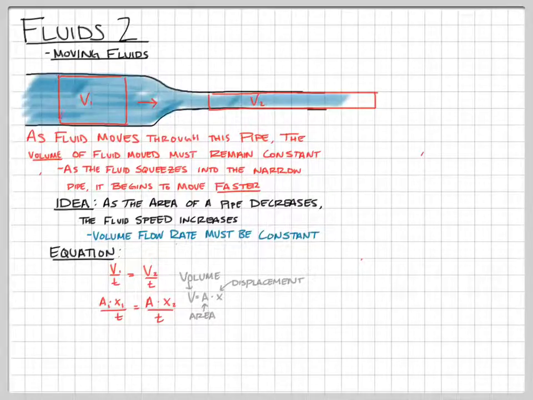Now if we look, so that's x1 and that's x2. Already noticed that if the area gets smaller, that x has to be larger to make up for it. So it has the same volume. Now if we look at x over time, we know that position over time is velocity. So what we have here is area times velocity equals area times velocity.